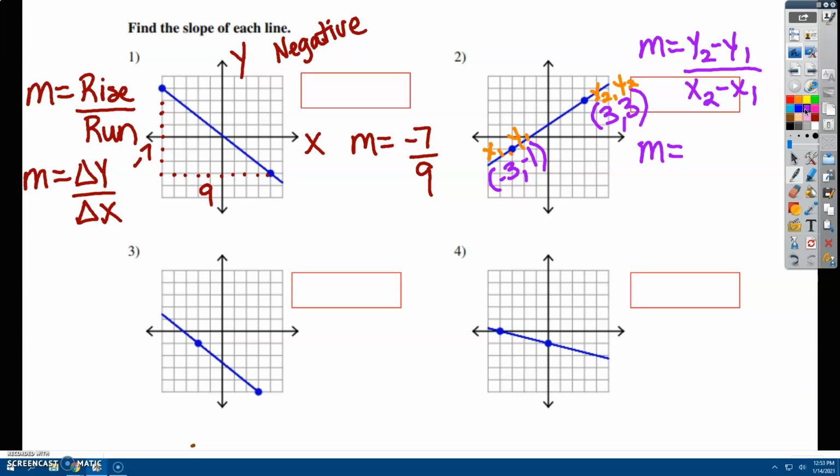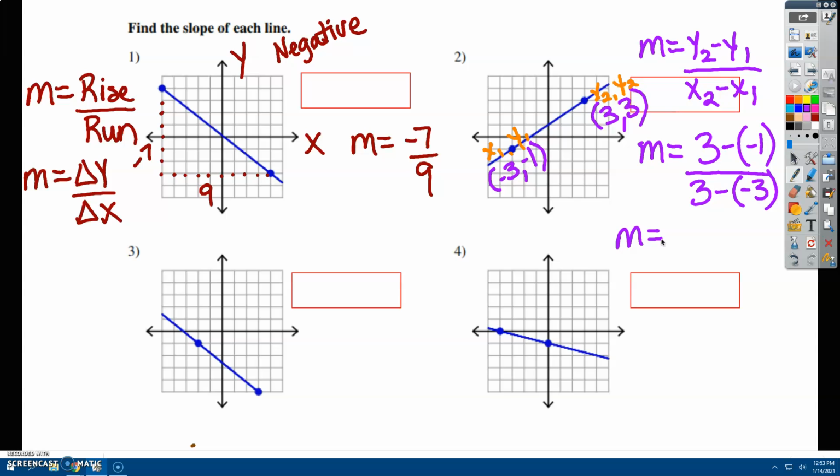So we have y2, so that would be 3 minus a negative 1, and that's all over 3 minus a negative 3. So m is going to equal, you're going to put that in your calculator.